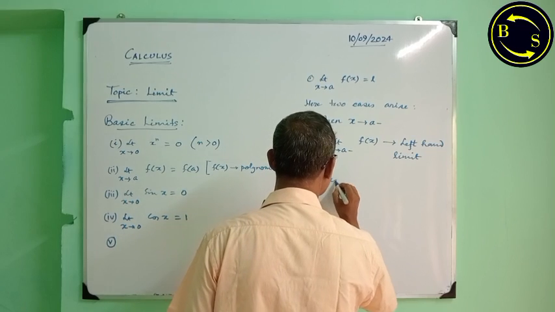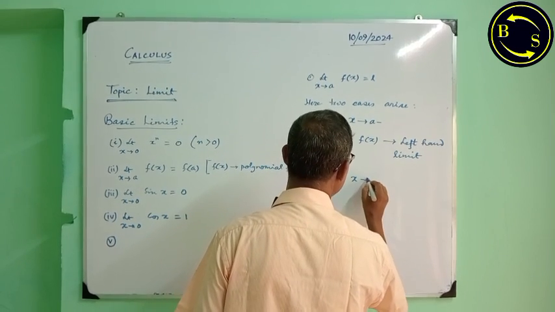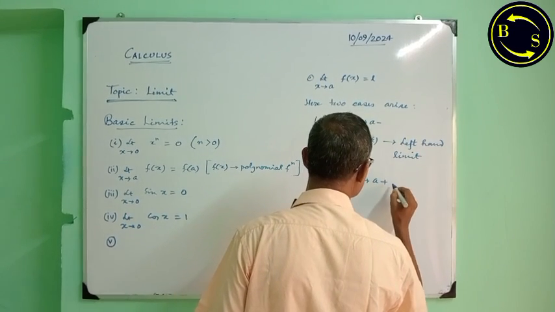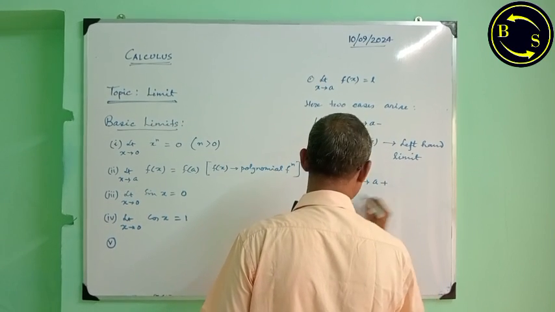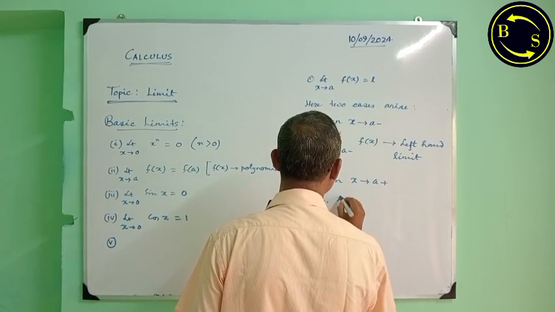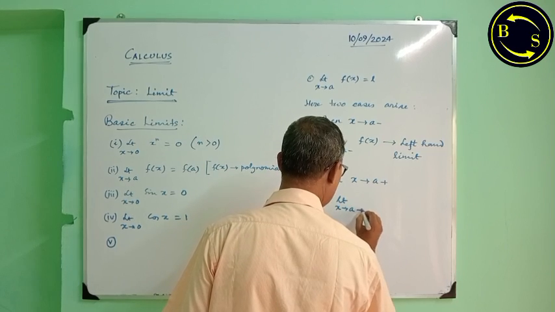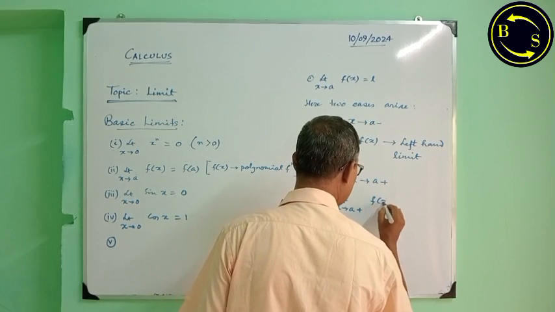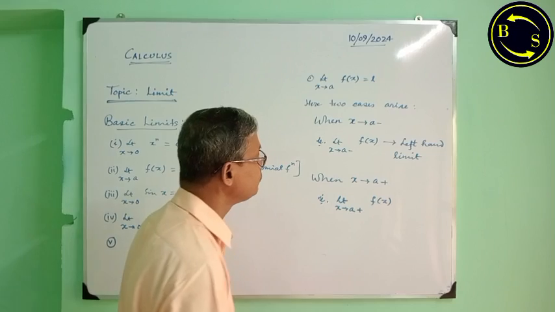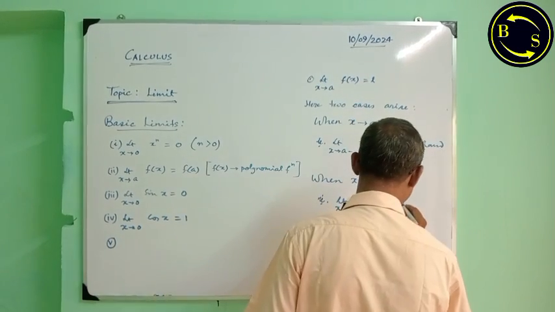When x tends to a plus, that is limit x tends to a plus fx, this is called right hand limit.